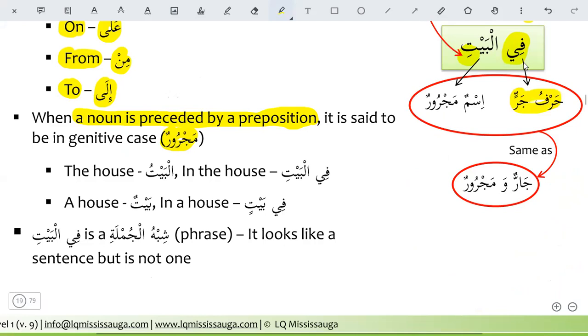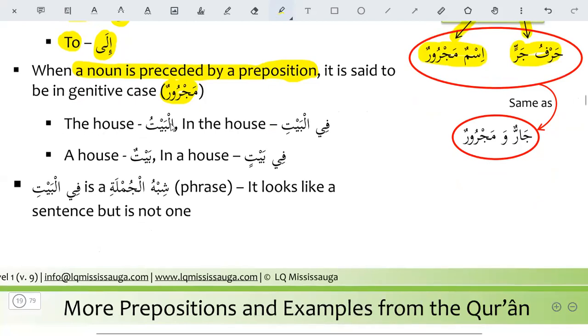You see here, the noun preceded by a preposition, we call it ismun majrurun. So fi is harf jar and al baiti is majrur.